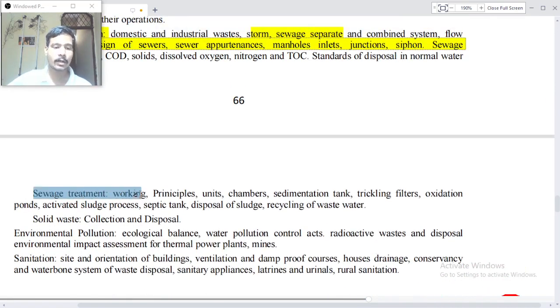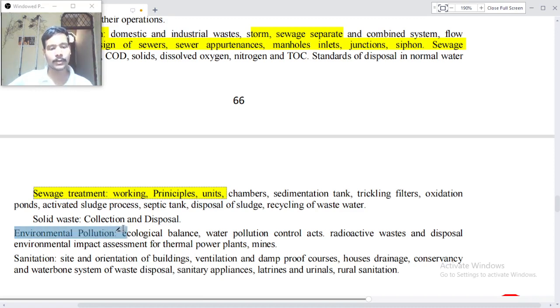Sewage treatment and working principles, unit chambers, sedimentation tank, trickling filters, oxidation ponds, activated sludge process, septic tank, disposal of sludge, recycling of wastewater, solid waste collection and disposal.